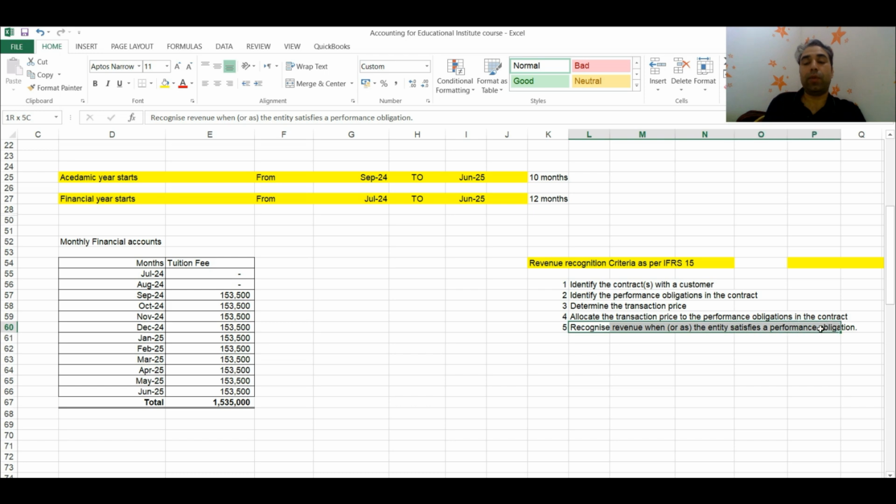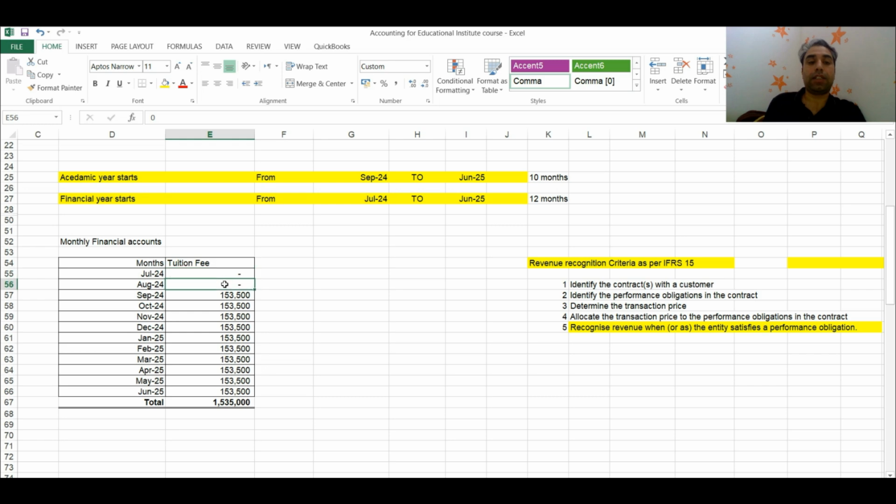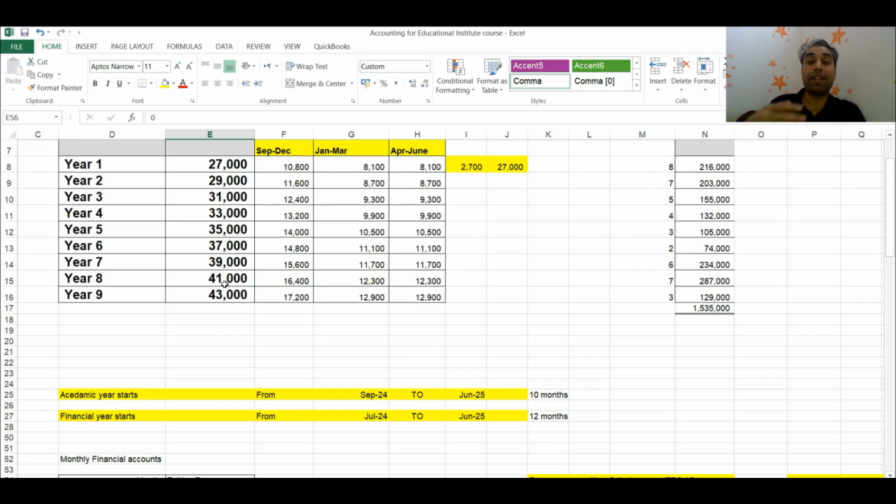Recognize the revenue when the performance obligations are satisfied. When you satisfy the performance obligation, then you have to recognize the revenue. So in the month of July 24 and August 24, we haven't satisfied any performance obligation.